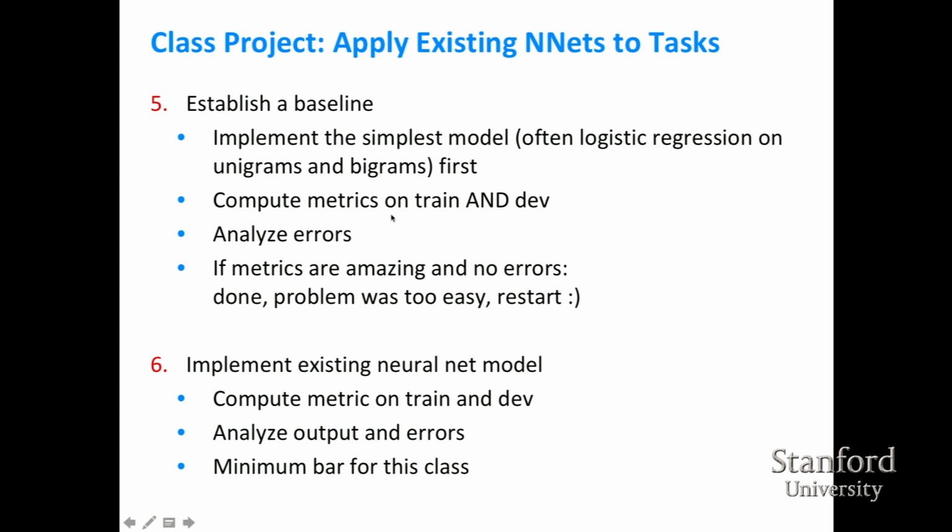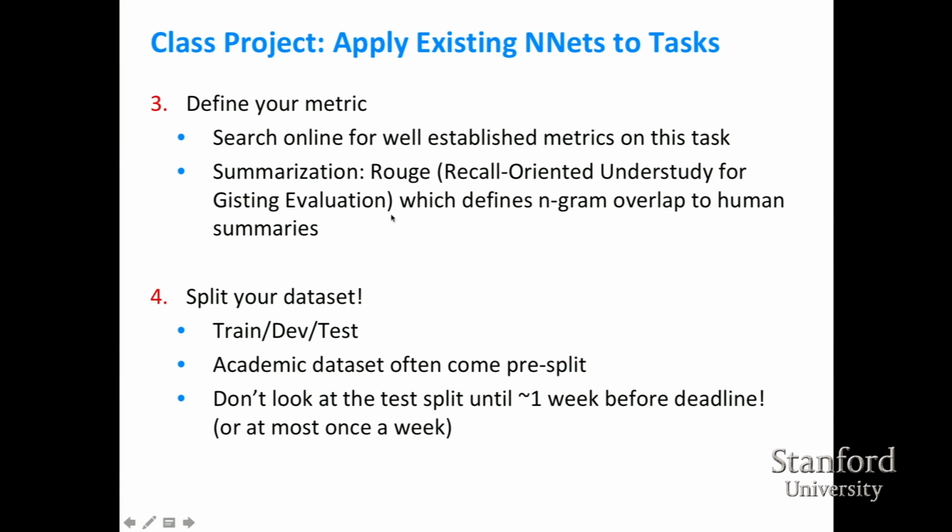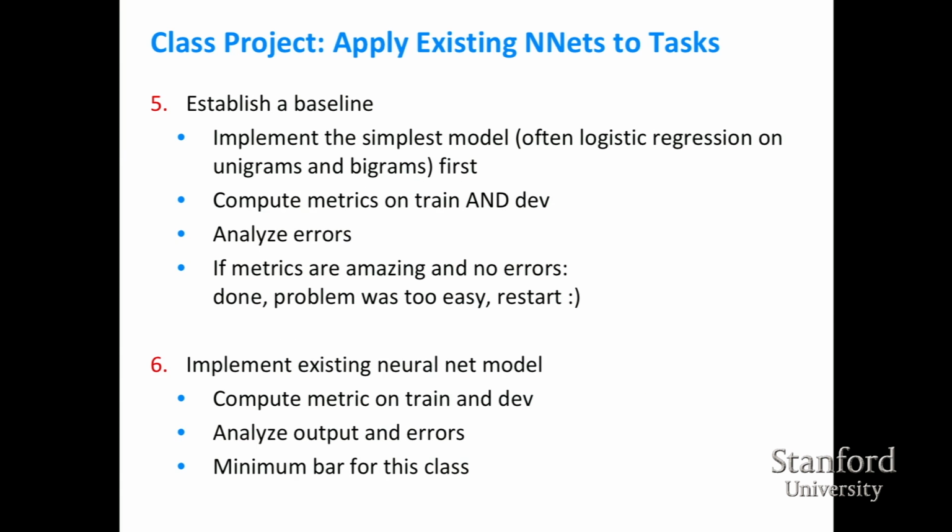Because that means you figured out a lot of these potential issues, you have your right data set, you know what the metric is, you know what you're optimizing, and everything is good. So try to get to this point as quickly as possible, because that's not as interesting, and you can't really use that much knowledge from the class.